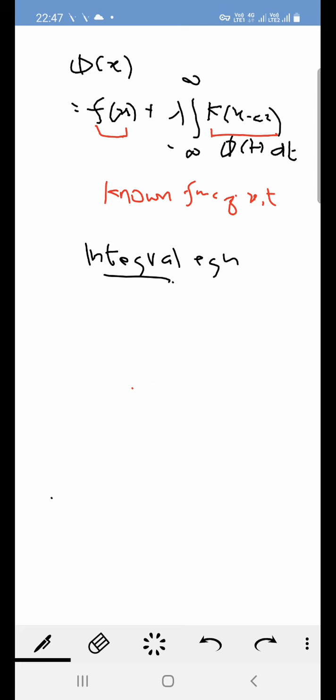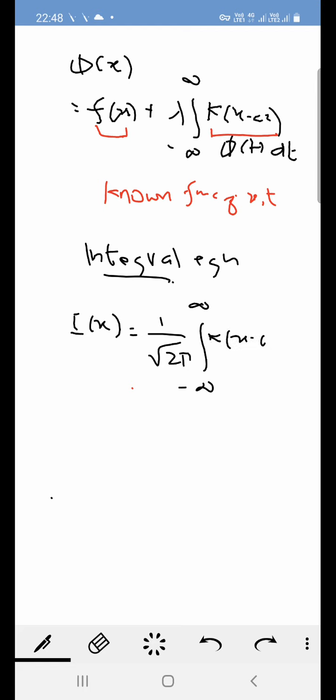We mentioned that I(x), the basic integral equation, is equal to 1 over root 2 pi, integral from minus infinity to plus infinity of K(x minus t) phi(t) dt.